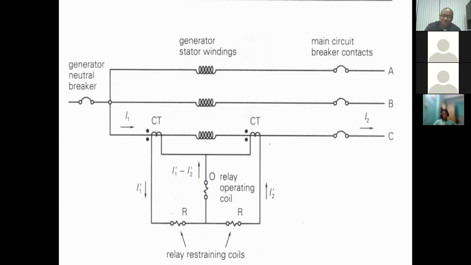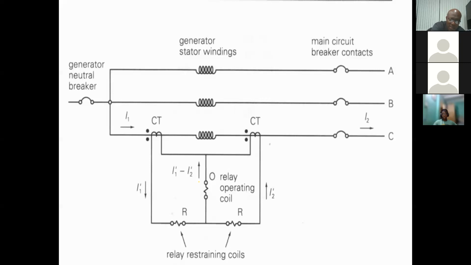And so we will have to go through a process where we try and determine the maximum possible current that can pass through this transformer. And how do we mitigate against that confusion in the differential system?